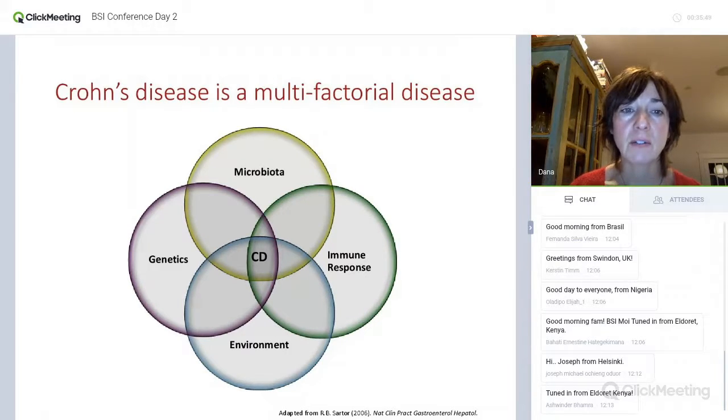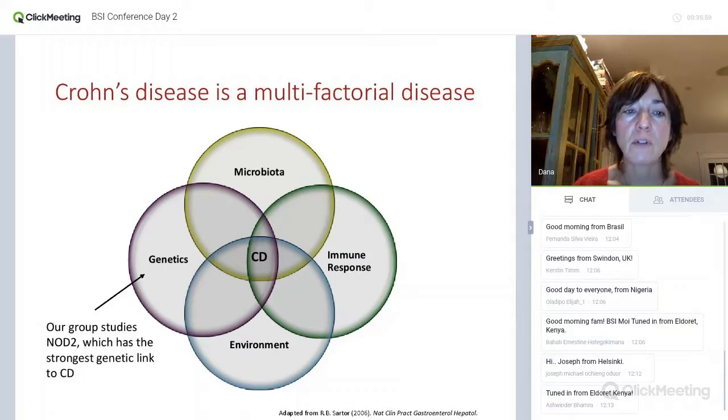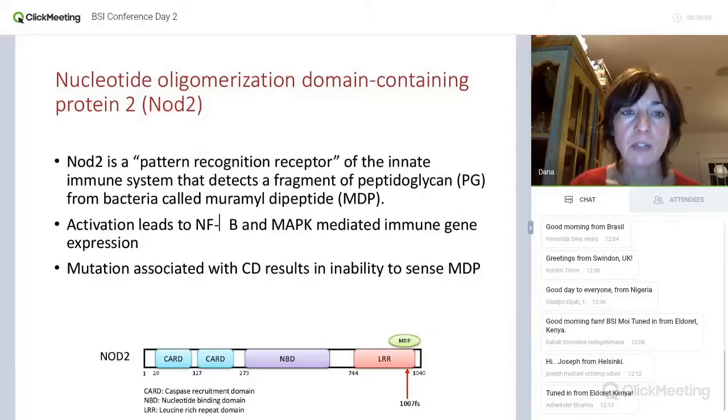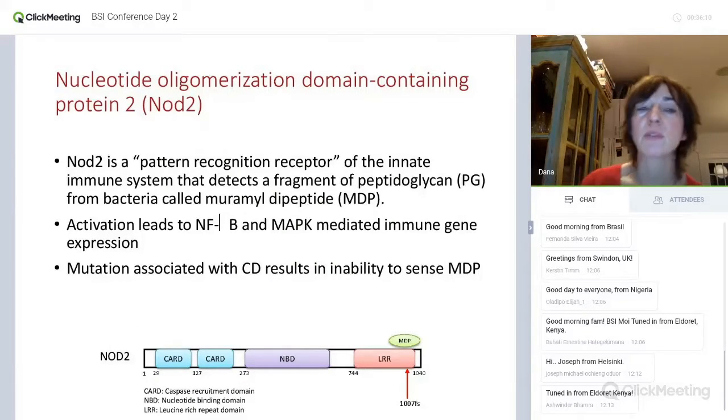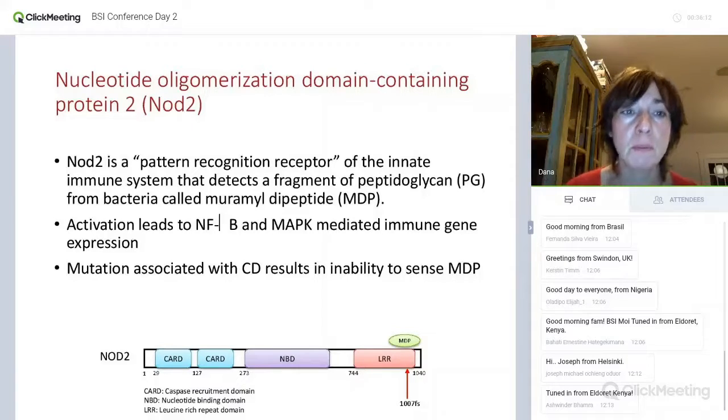And finally, genetics play also a large role. I think now there's about 180 genetic loci that have been associated with Crohn's. Nod2, which is the one that we study in my lab, has the strongest genetic link to the development of Crohn's disease. So I'm just going to introduce a little bit about Nod2 so I can tell you about the study that we're doing at the moment.